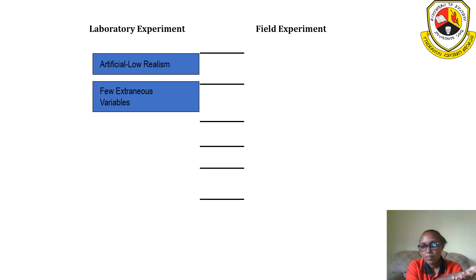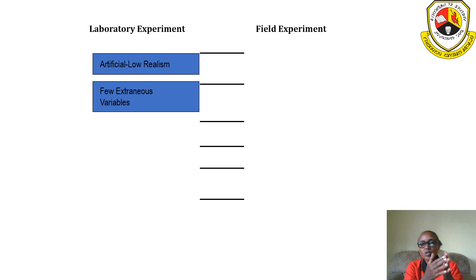Take an example, if a scientist is testing the effect a drug has on the COVID virus. Within a lab, there's no interfering variable. But if it is in the field, somebody taking a particular drug may also be taking immune boosters, like lemon and all these concoctions, dawa tea, and so on.